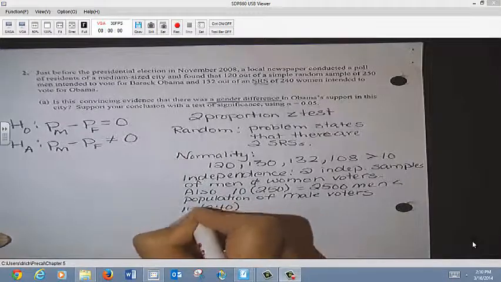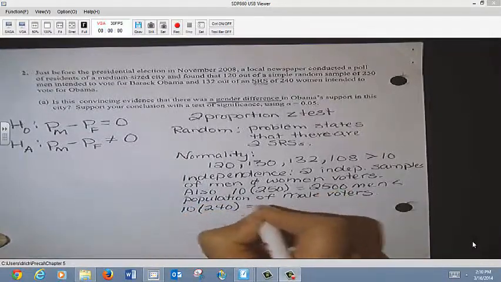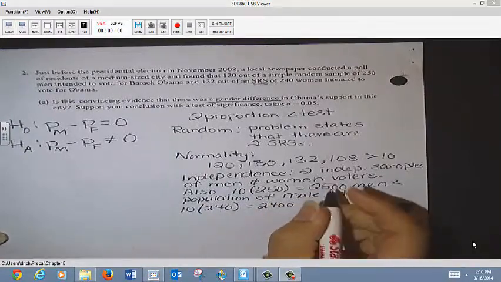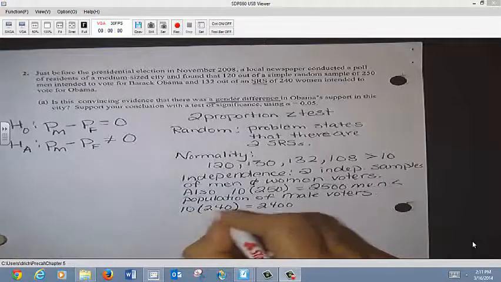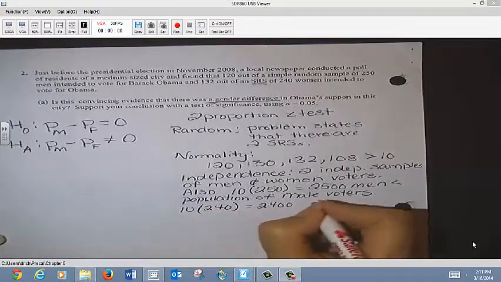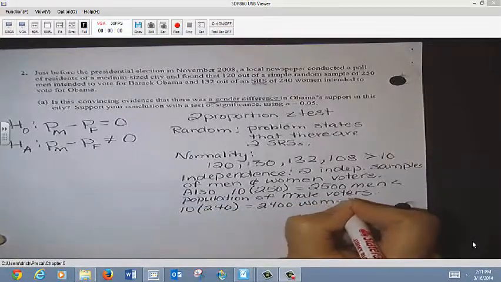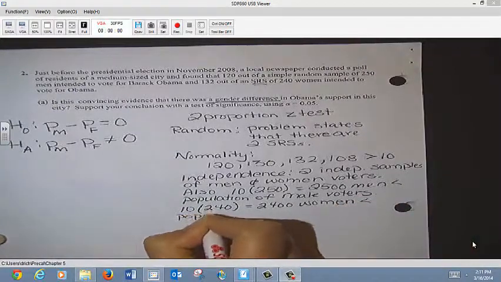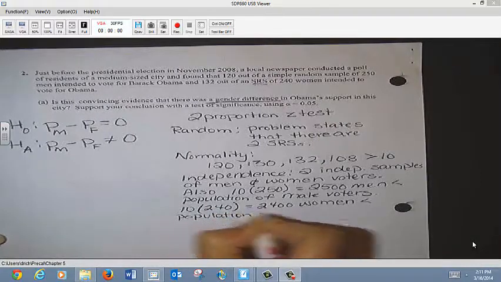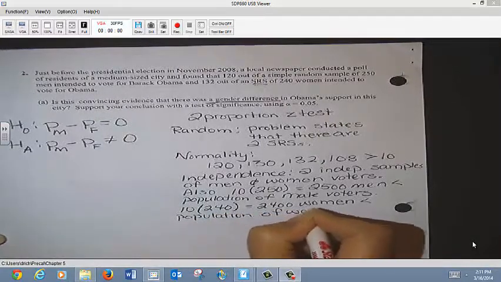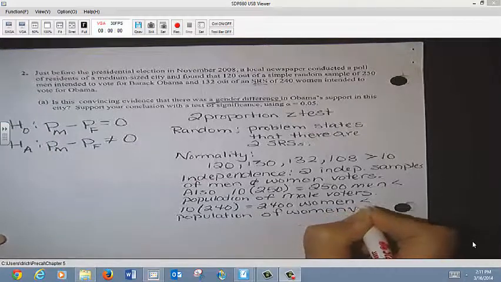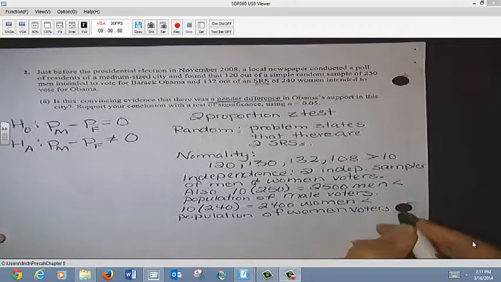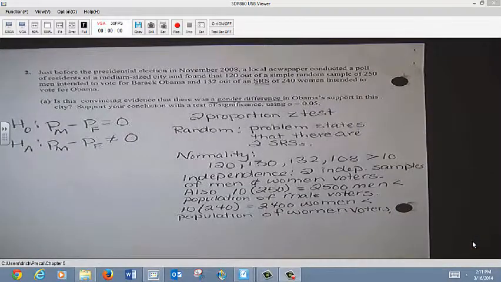That'll happen a lot in experiments or in random samples. They don't have to be the same size. 10 times 240, 2,400 women is less than the population of women voters, and I should write in this town, in this medium-sized city. Okay, so we've checked our conditions, so we can proceed with our calculations.